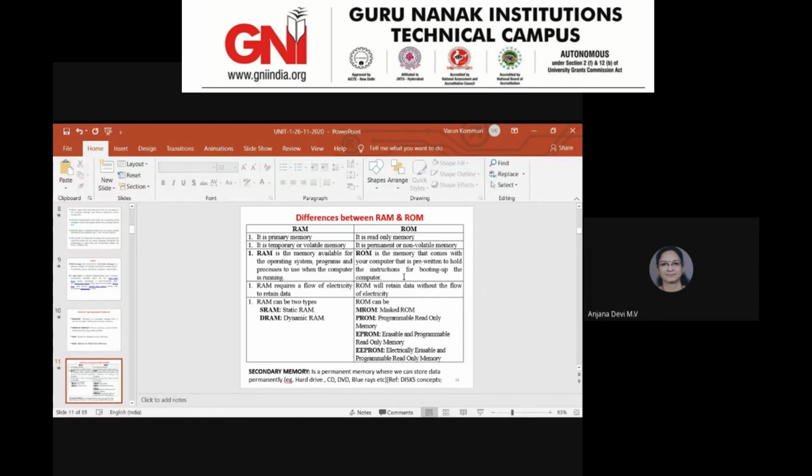When the computer is running, only then can you make use of RAM. If the power goes off, you cannot use that RAM, and the data will be erased. But in case of ROM, the memory that comes with your computer system is pre-written to hold the instructions for booting up the computer.